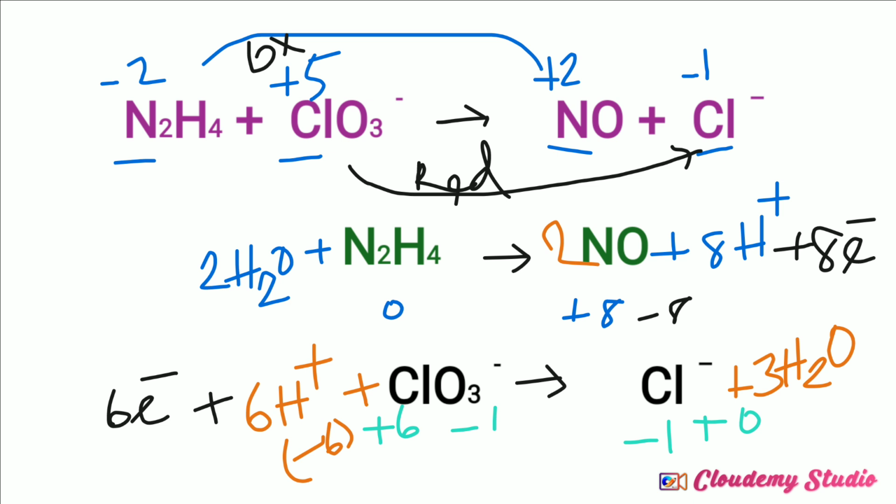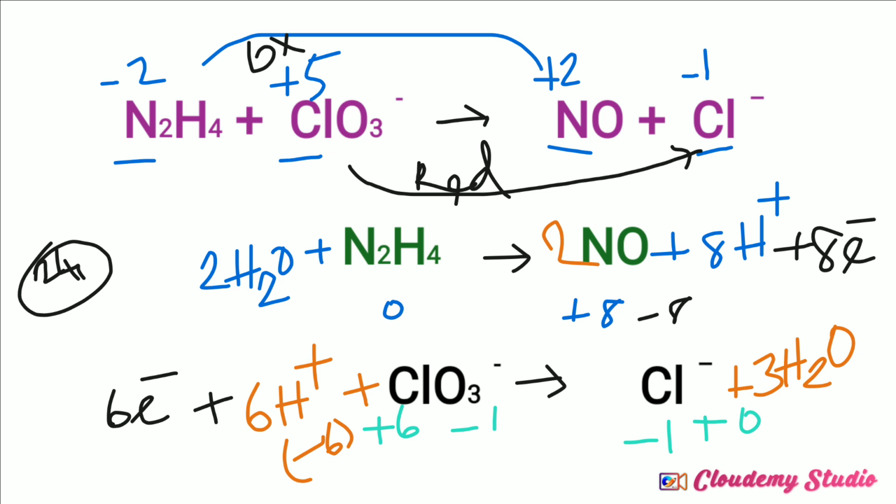So if we take the LCM of 6 and 8, what will that be? It will be 24. So as a result, in order to get 24 electrons, we need to make both equations have 24 electrons.